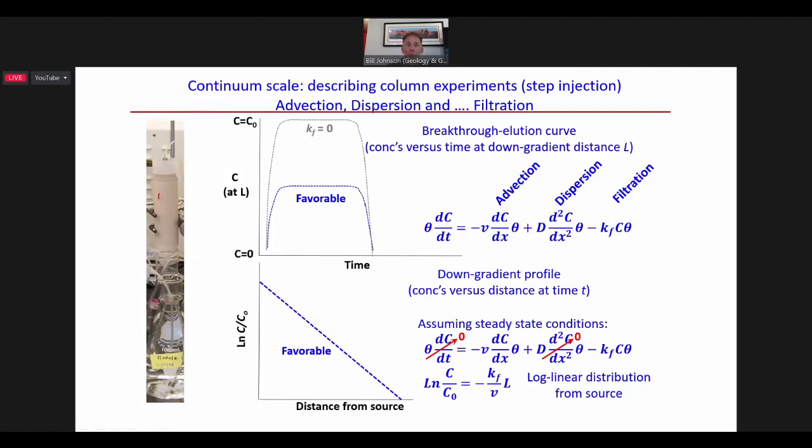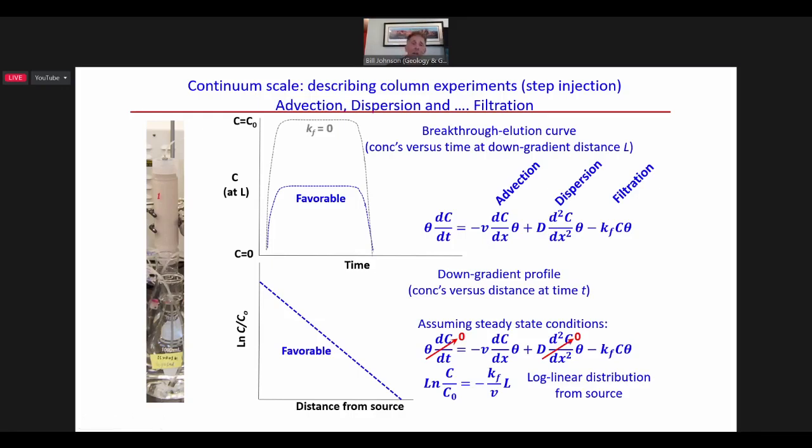At least this is true under favorable conditions where the surfaces are oppositely charged. If there's no attachment at all, of course, they will break through to whatever concentration you're injecting, which we call C naught. And when you stop injecting, the colloids will elute and the concentration coming out of the column will go back to zero.